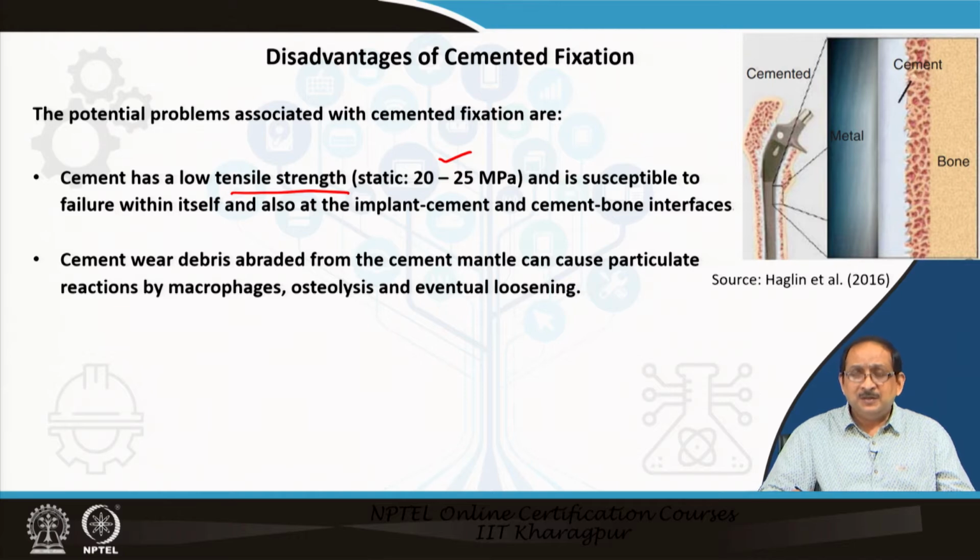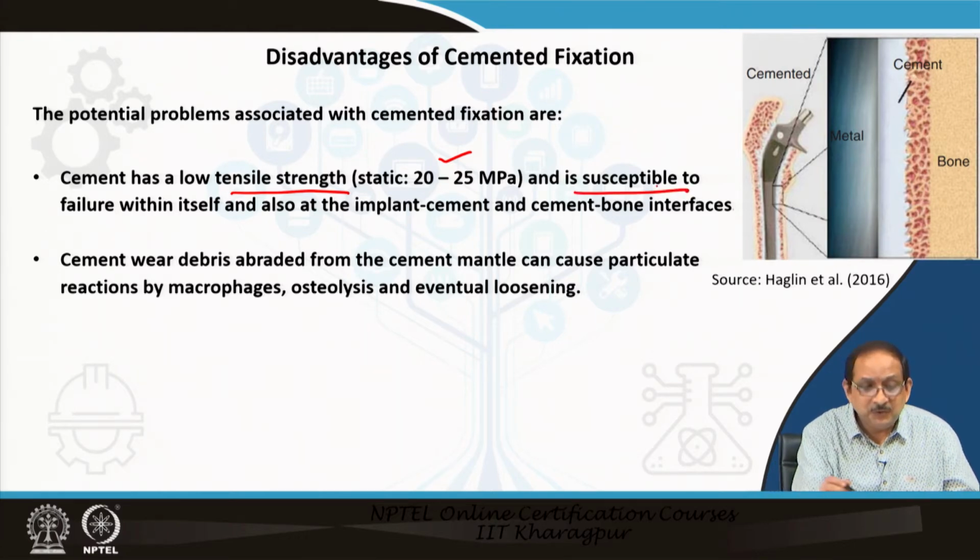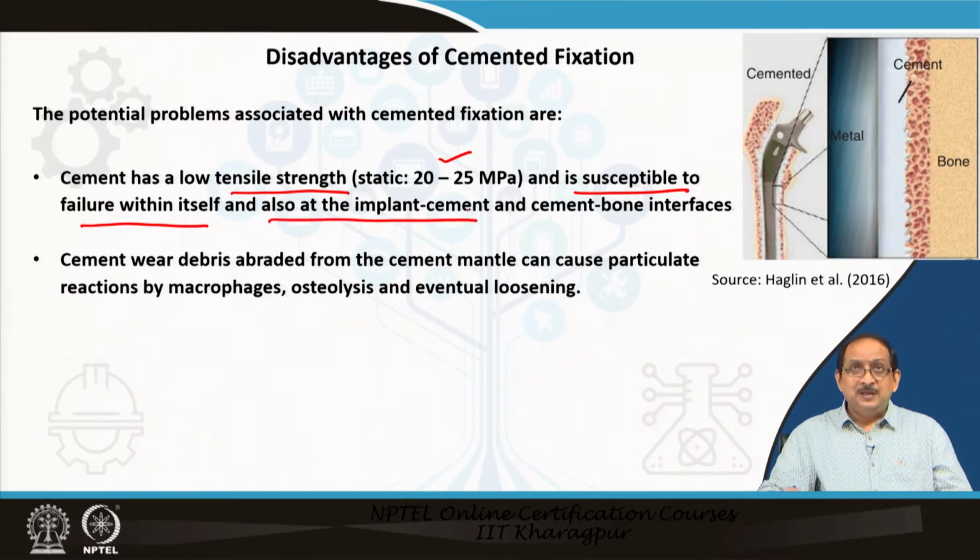Bone cement is susceptible to failure within itself and also at the implant-cement and cement-bone interfaces. Moreover, the implant-cement and cement-bone interfaces are actually the weakest links in the implant-bone structure, leading to interface debonding.